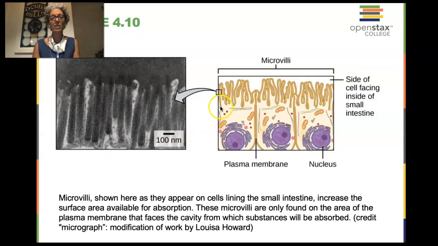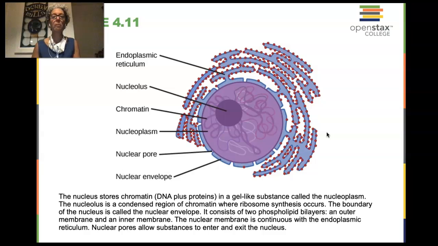We can see that this membrane has a lot of surface area, and that is the side facing the inside of the small intestine. That is how we can get nutrient and waste exchange, by having a lot of surface area there. Now we'll get into the individual organelles and their functions.